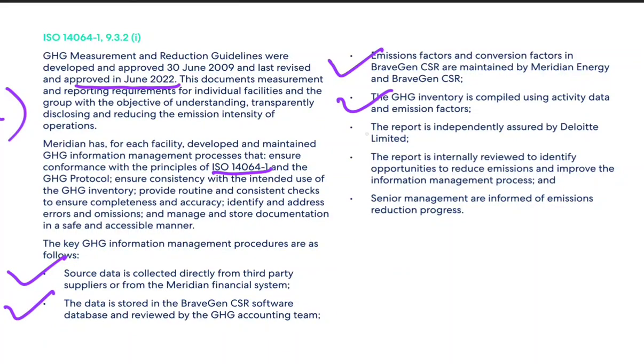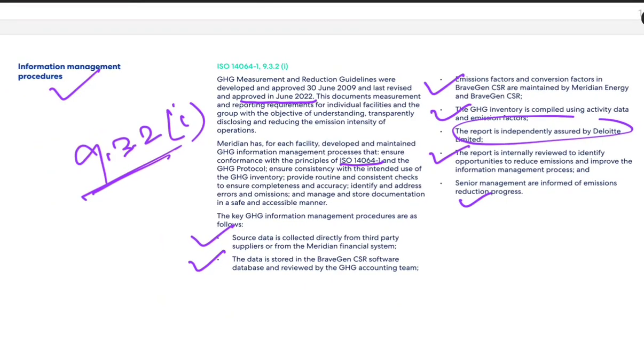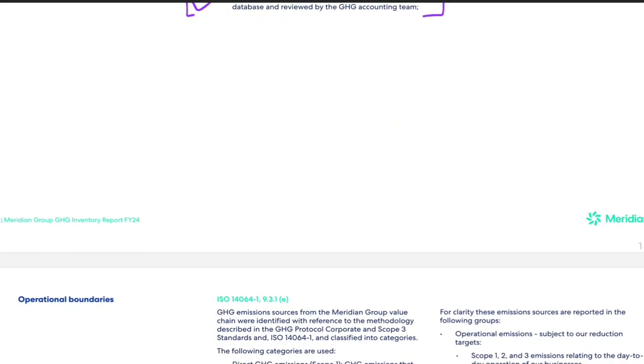The inventory is compiled using activity data and emission factors, and the report is independently assured by a third-party organization, Deloitte Limited. The report is internally reviewed to identify opportunities to reduce emissions and improve, and senior management are also informed of emission reduction progress. So progress tracking is also going on. Very nicely written about the information management procedure.